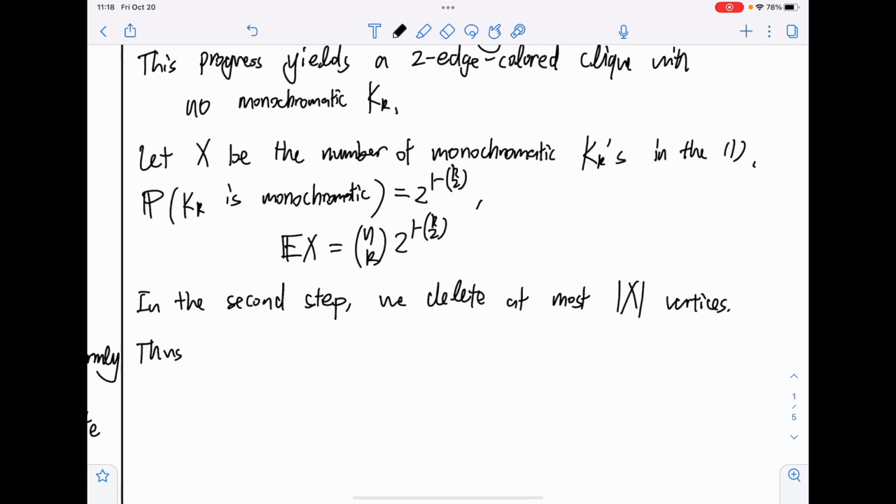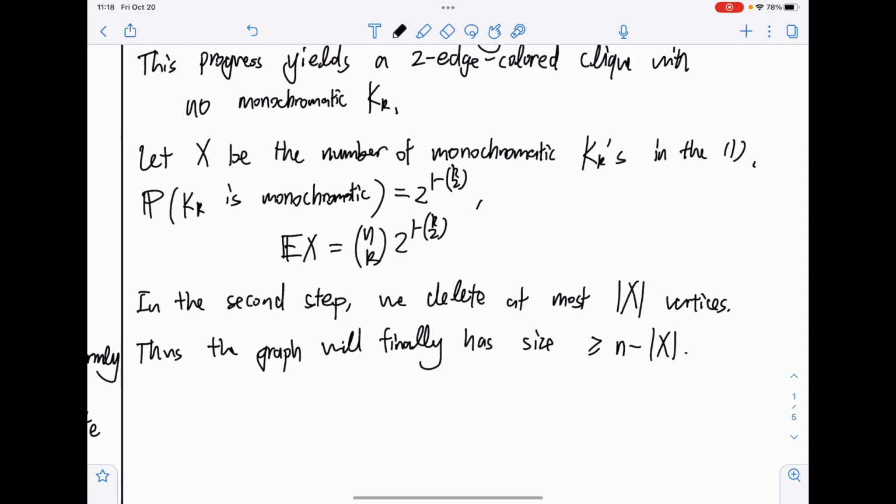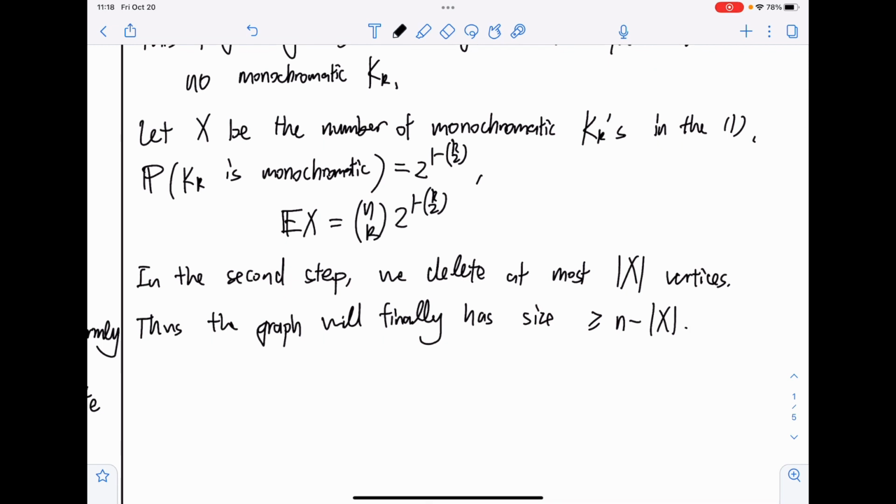Thus finally we have size greater or equal to n minus X, which the expectation of it is n minus (n choose k) times 2 to the power of 1 minus (k choose 2).